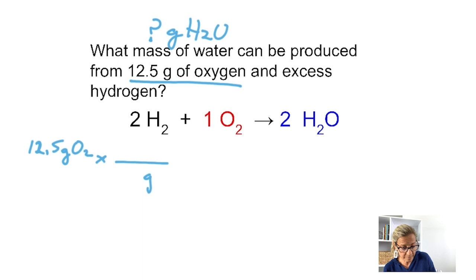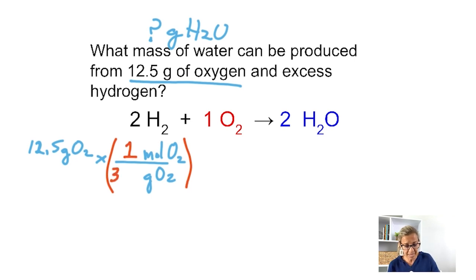So first step is molar mass. Get rid of grams of oxygen and we'll go to moles of oxygen. I'm just going to put parentheses around it. Diatomic oxygen, 1 mole is 32 grams. Next step. If I stopped and multiplied, I would be in moles of oxygen.